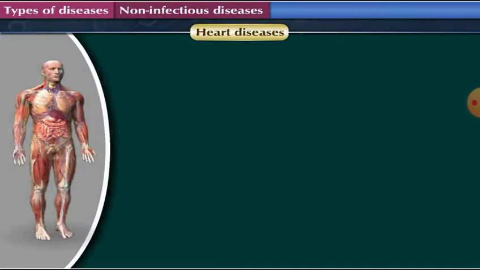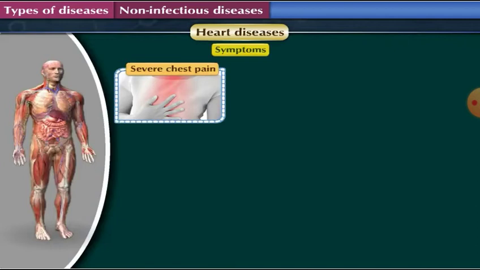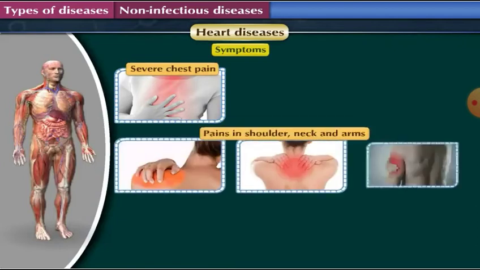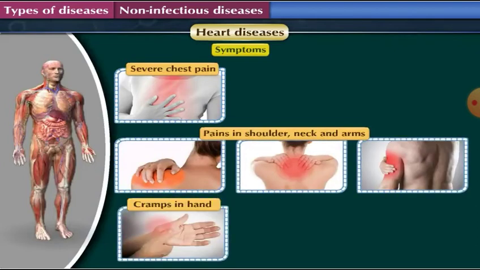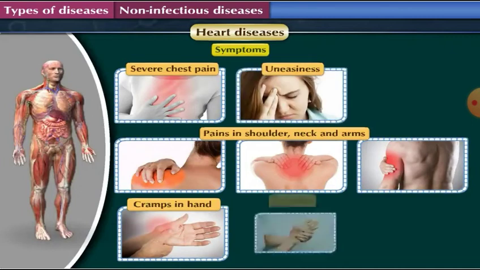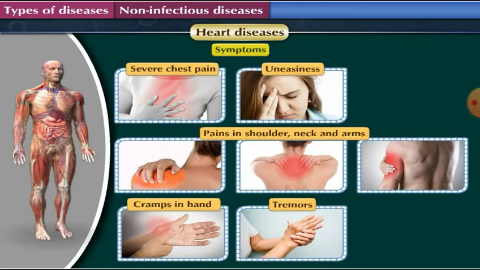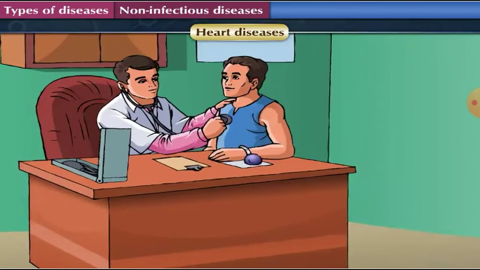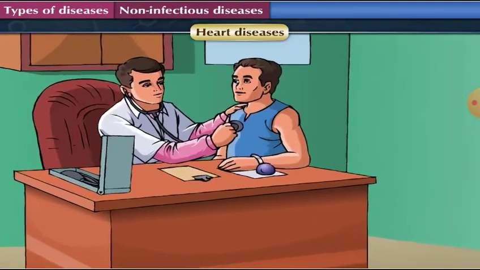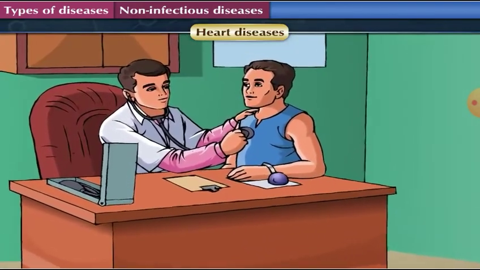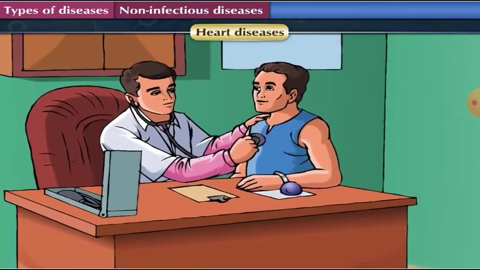If a person experiences symptoms like severe chest pain, pains in shoulder, neck and arms, cramps in hand, uneasiness or tremors, it should not be ignored. The person should immediately consult a doctor because it could be a heart attack for which immediate treatment is must.